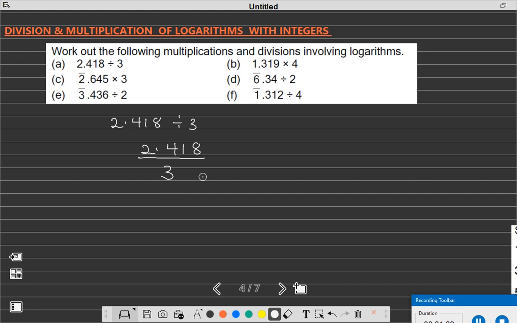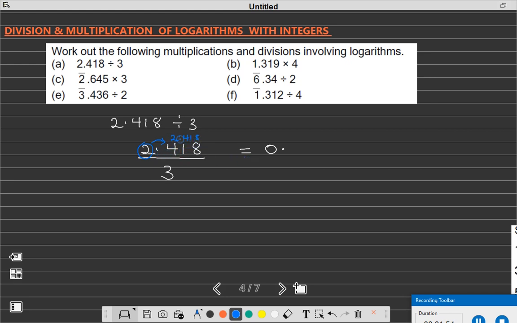We do the usual division. So 3 does not go into 2. So here we just write 0 point. So our characteristic is going to be 0. Then we bring this 2 here, so here we shall be having 2.418 this side after the point.